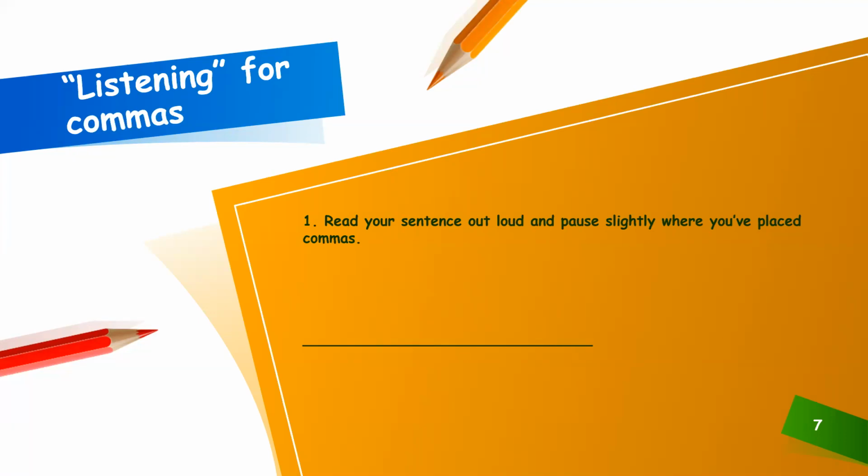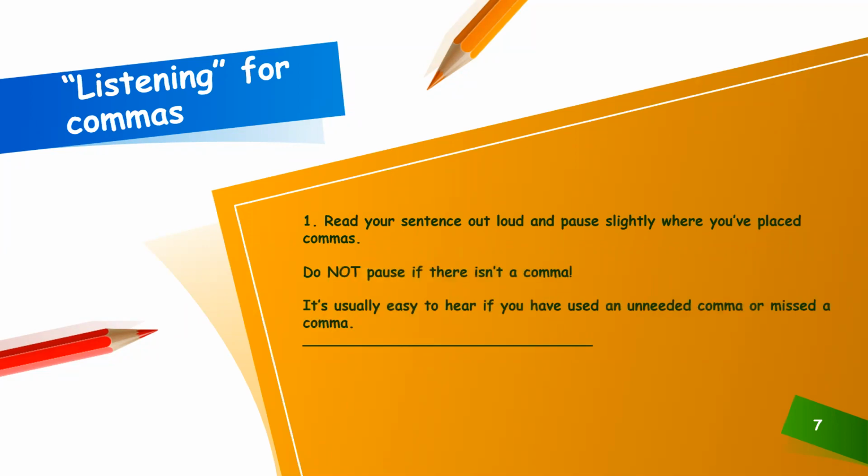Most of us are either crazy about commas and we use way too many of them, or we are afraid of them and so we hardly use any. Most of us fall pretty solidly in one camp or the other. Reading your own work out loud is going to shed some light on which person you are and how you need to either filter in those commas or how you need to start phasing them out.